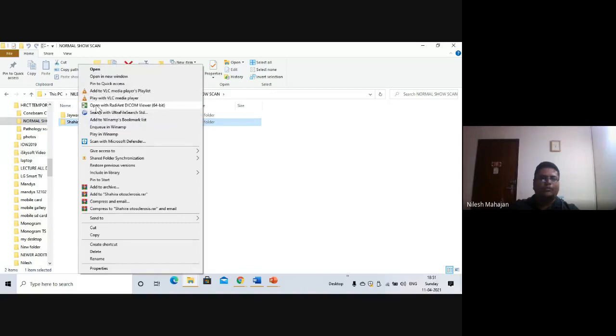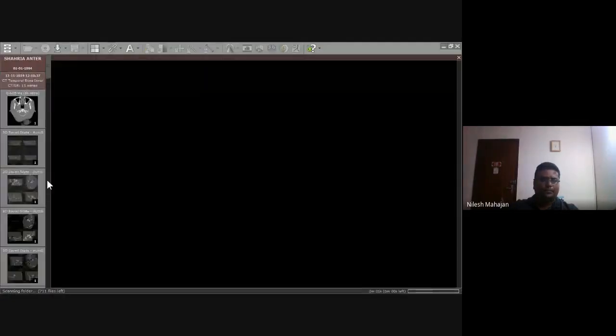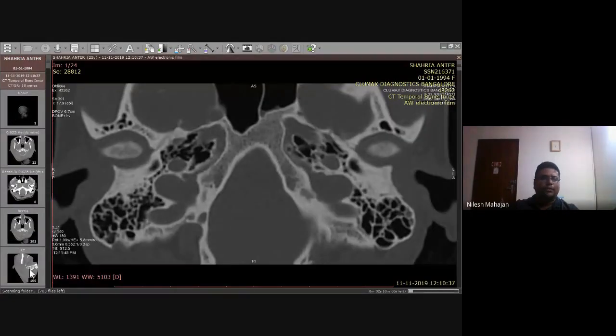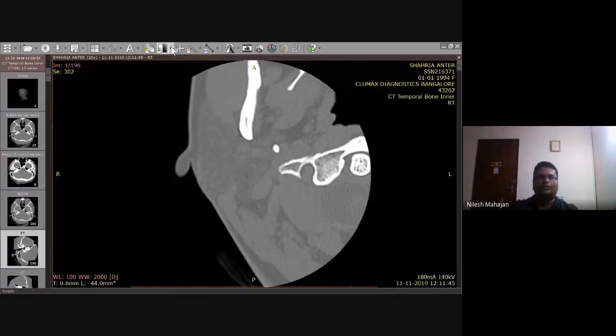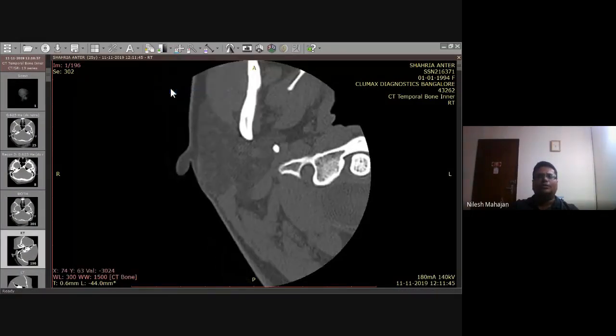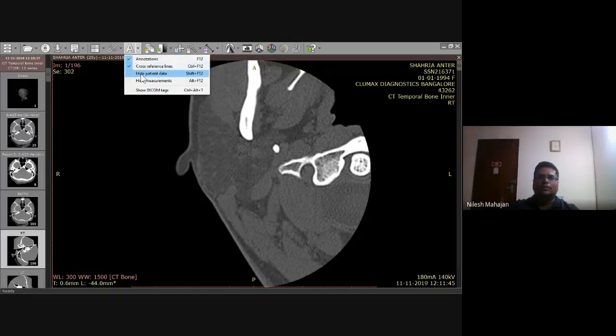I'll now open one normal scan, though it is not completely normal. I'll tell you once the pathological part comes. As I told you, this is for teaching purposes, so I will hide the patient data. We can keep the annotations also, I'd better remove them.